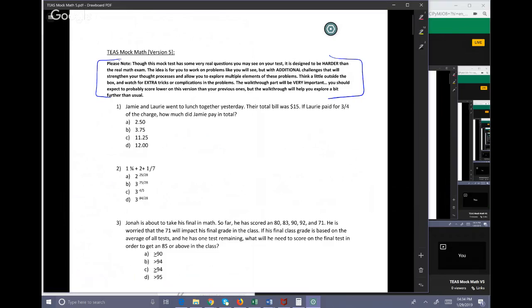You are ready to advance your thought processes. And I essentially wrote this to where you're going to stretch some of your thought processes to their furthest possible limit. But keep in mind that with the real test, you won't get stretched on every question like that. And not every question is hard on this mock, but certainly more of them are in the super advanced category than what you would typically see.